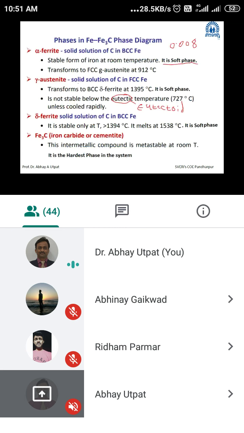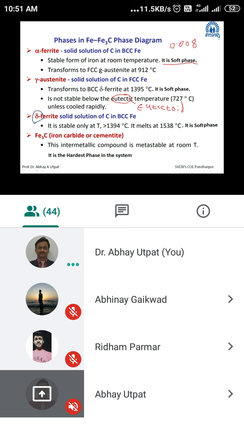The steels which show the peritectic reaction show the following phases: room temperature BCC, in between FCC, again BCC. That BCC observed at 1439 degrees Celsius, higher temperature, is also ferrite. But how to differentiate? Both are ferrite, both are BCC. We should show some differentiation. That's why the symbol delta is used.